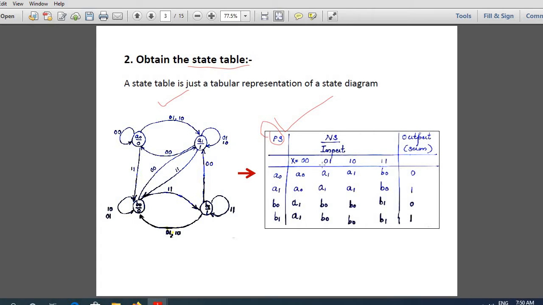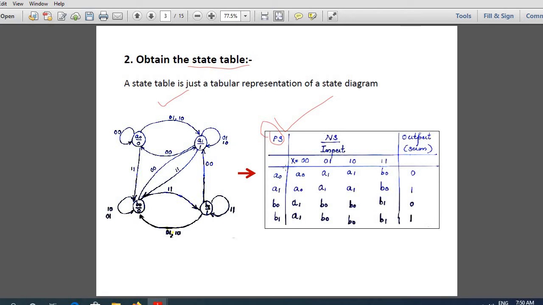Next, you write the next state for each of the input combinations and separately the output will be written. Because it is Moore, each of the states will have an output. You don't write it together with the next state, because according to the input, the output is not changing. That is why it is written separately.